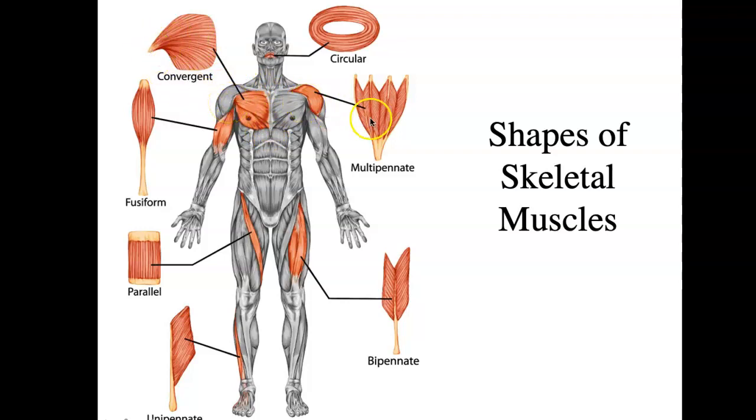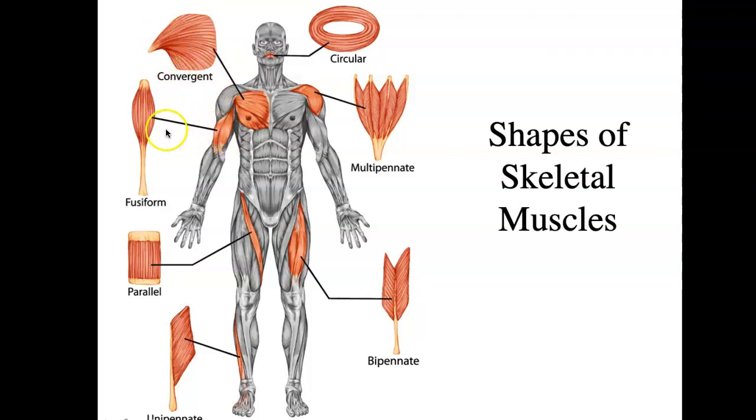How is that different from the multipennate? Multipennate is the one that has lots of tendons in the middle that are going to have fanning muscles off. This doesn't. It has one tendon here and the fan is off just that one tendon.